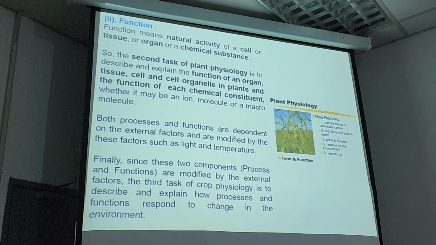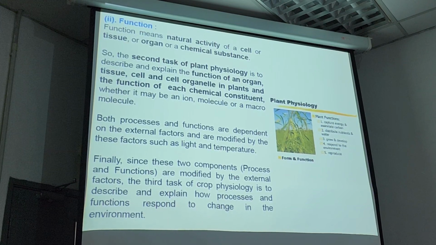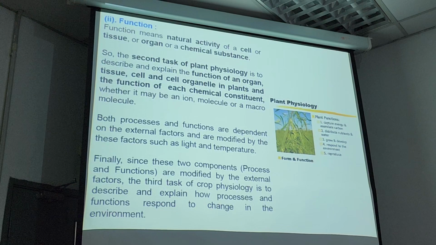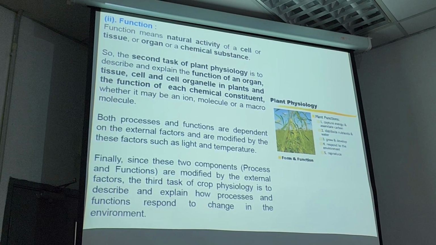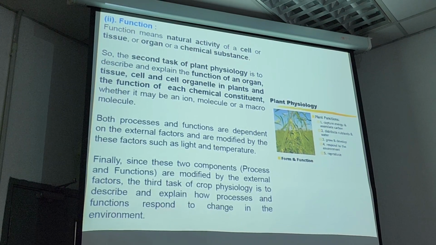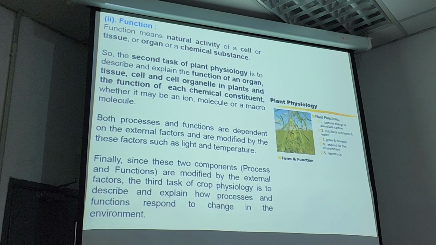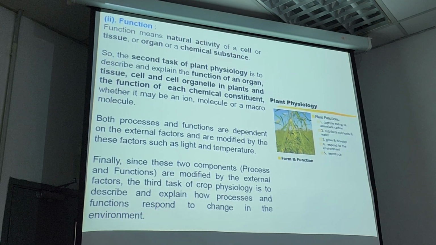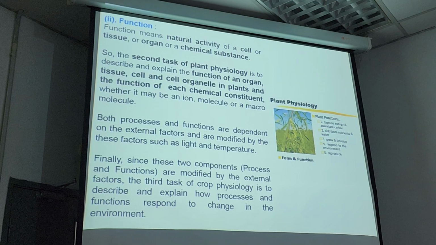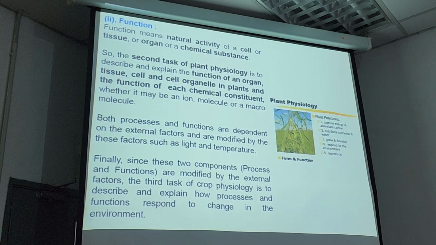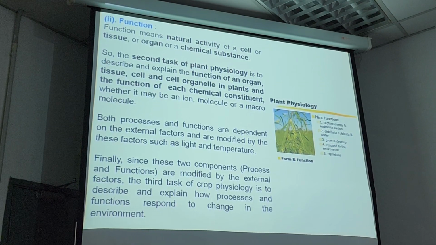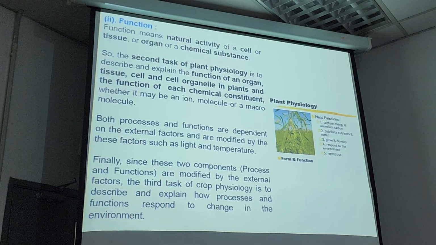Okay, right. So these things has its own function. Cell wall is to give the rigid form for the cell. Cell wall cannot do photosynthesis. That's not the function of it. Okay, so please understand these differences.